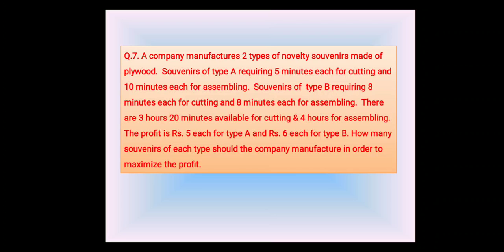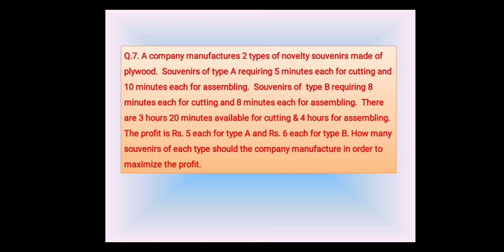There are 3 hours 20 minutes available for cutting and 4 hours for assembling. The profit is rupees 5 each for type A and rupees 6 each for type B. How many souvenirs of each type should the company manufacture in order to maximize the profit?